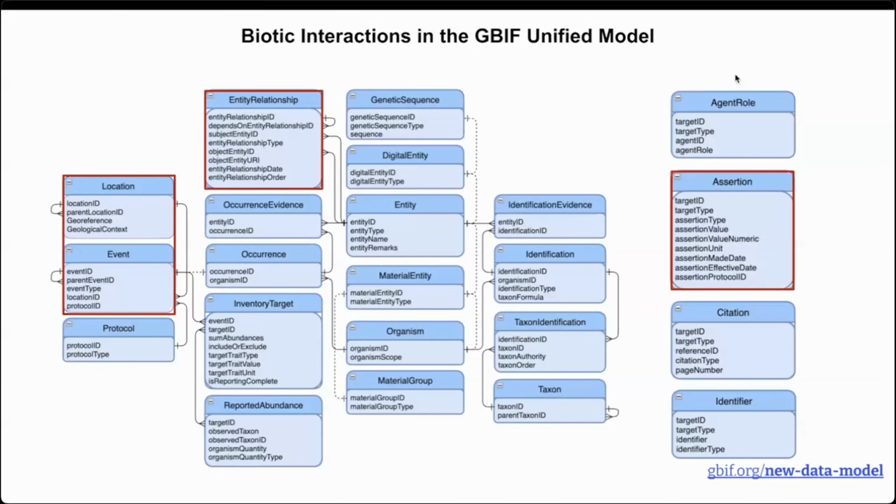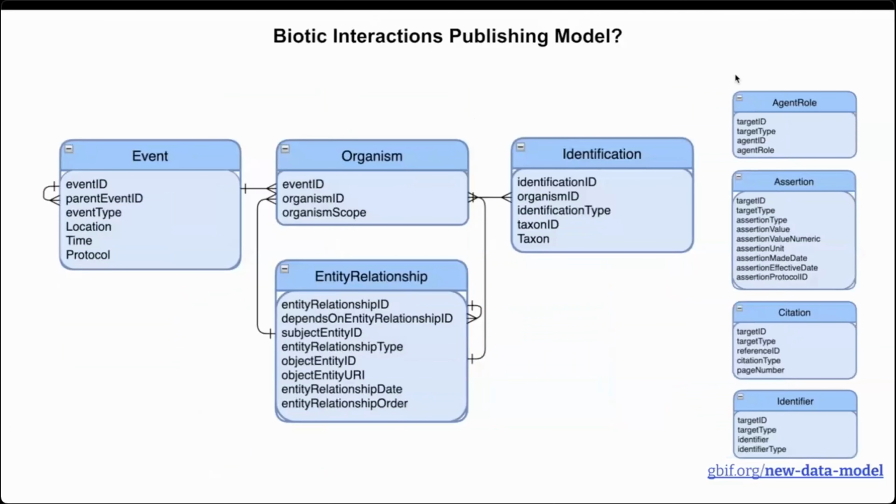Here's our ER diagram again, this time highlighting the parts of the unified model that pertain to biotic interactions. Though we haven't done any appreciable testing on real data so far, we expect that the core of the data publishing model, without the material and digital evidence parts, will look something like this.